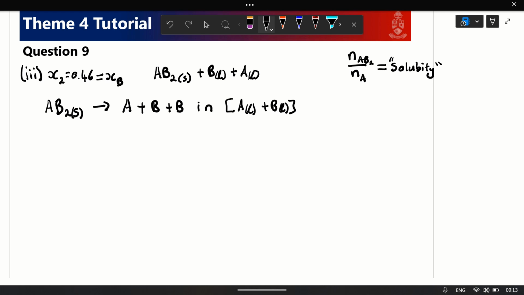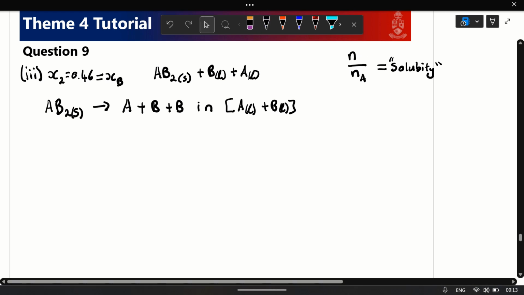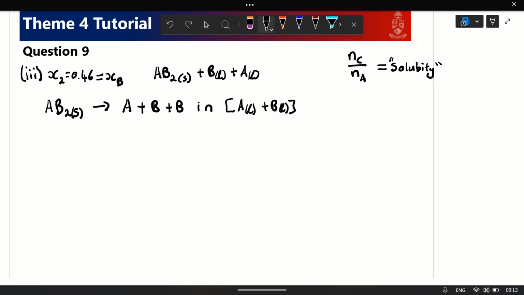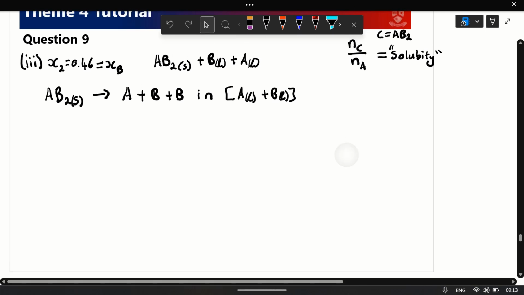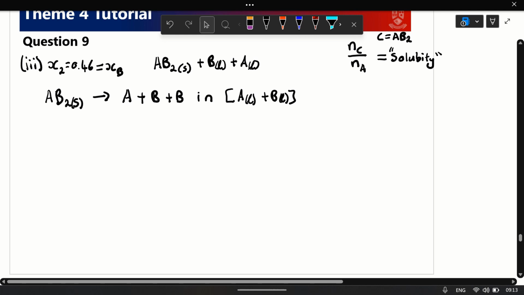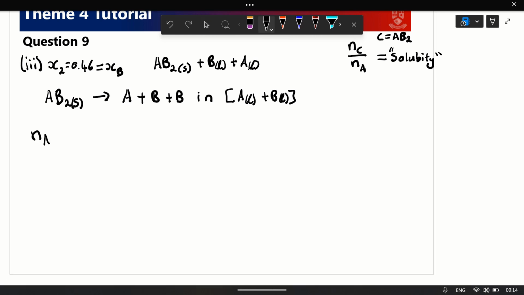Okay, so let's use the notation C and NA. Remember, we used at some stage C is equal to AB2, for example. If we use this, then what is the number of moles of A equal to?